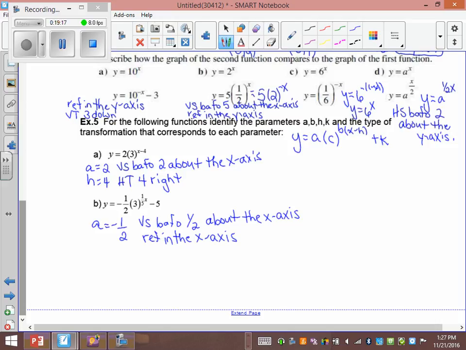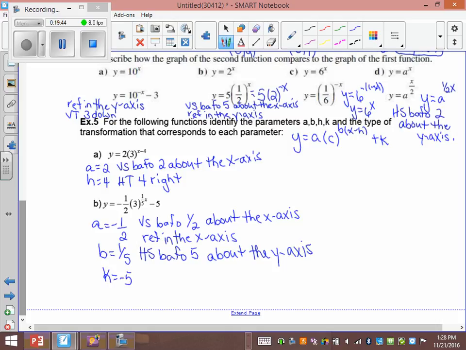So my b is 1/5. And that's with the x. So it's a horizontal stretch by a factor of 5, because you flip it when it's with the variable, about the y-axis. And it just says plus k at the back, so plus a negative 5 would just be negative 5. So k equals negative 5.